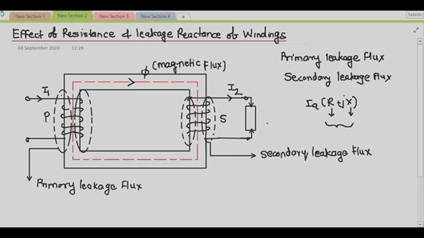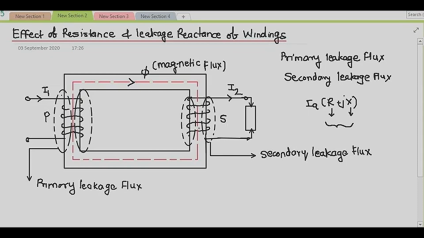The leakage reactance is normally minimized by placing the windings on both the limbs of the core, half on each limb. That's why at the time of the construction, I told you that for the elementary transformer I have shown the primary winding on this limb and the secondary winding on this limb. But in actual practice, half of the primary winding is placed on this limb and half on the other limb. The same is true for the secondary winding.